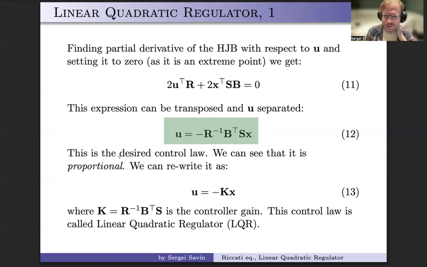As simple as that. The only reason you cannot apply this to your problems yet is you don't know how to find S. This cost to go, square-like matrix in the quadratic form. You remember? S is what defines J star, the best possible cost, and you don't know how to find it.